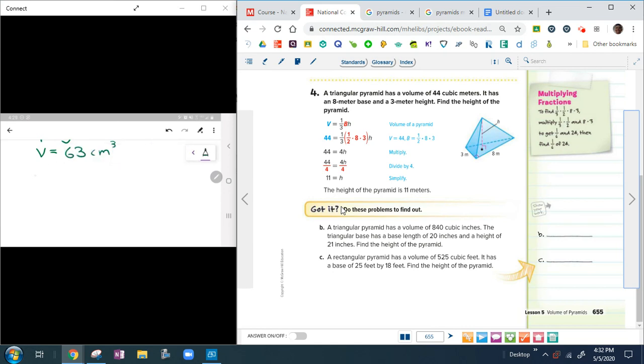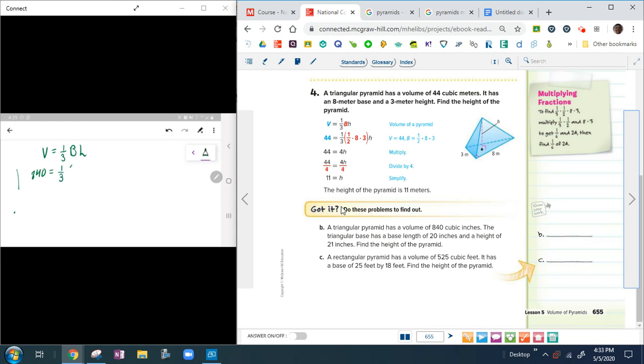Let's go. Okay, triangular pyramid has a volume of, okay, so we're dealing with the volume of a pyramid. Volume of a pyramid is 1/3 big B little h. They say find the height, so I know h is just going to remain there. And they give us a volume of 840, so I replace the V with 840.